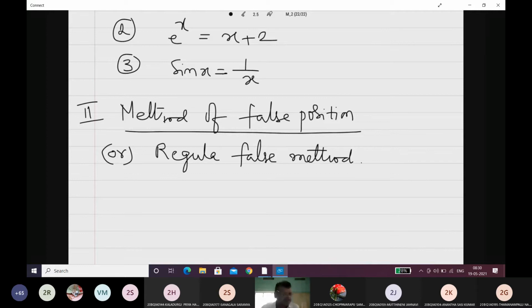Method of false position or regular falsi method. Right?